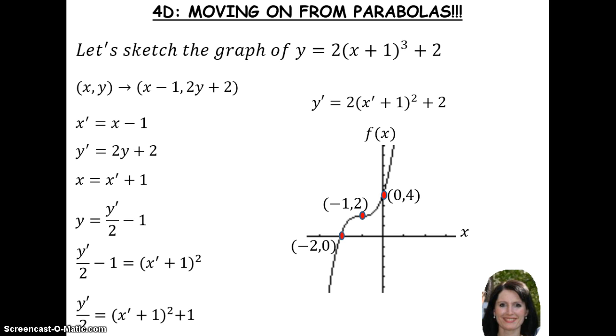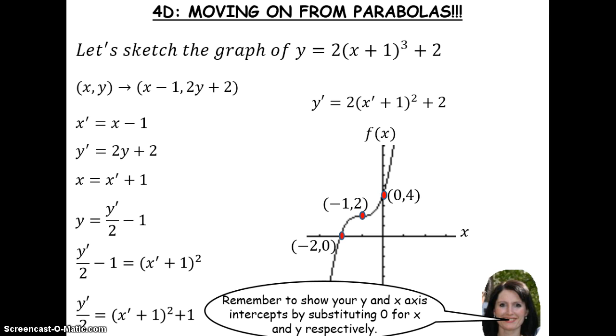So we have an x-intercept at (-2, 0) and a y-intercept at (0, 4). It's important to show these. We don't need to worry about the dilation because this is already shown by the fact that we have points on our graph. Those points would not be the same if we didn't have that dilation. So don't forget to show your intercepts and point of inflection.